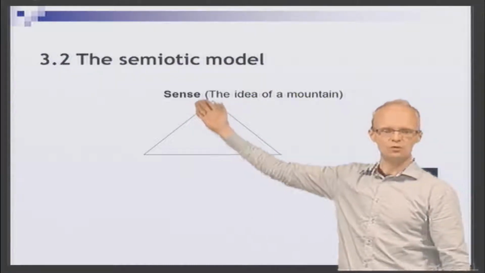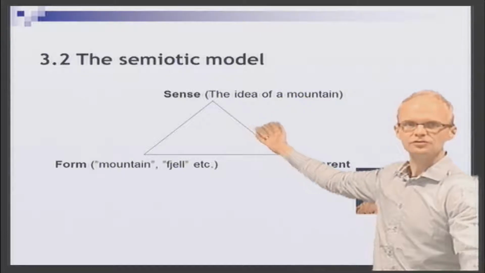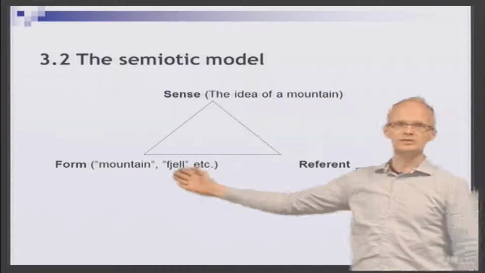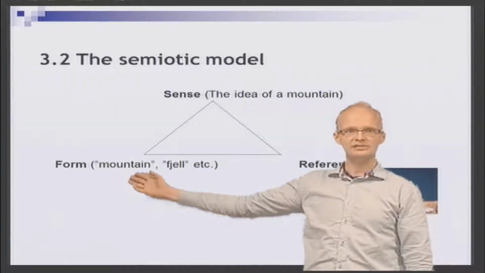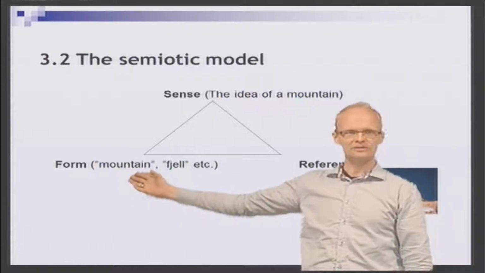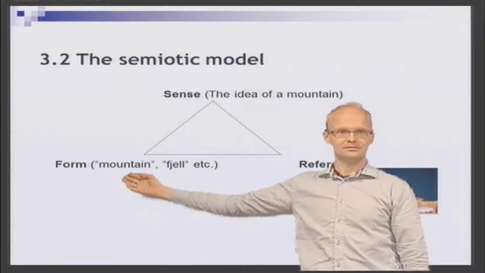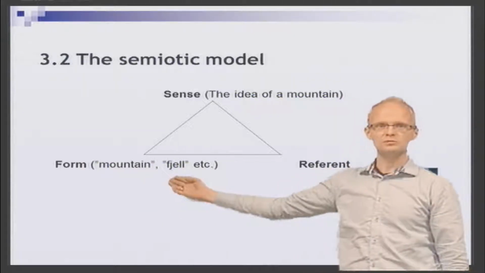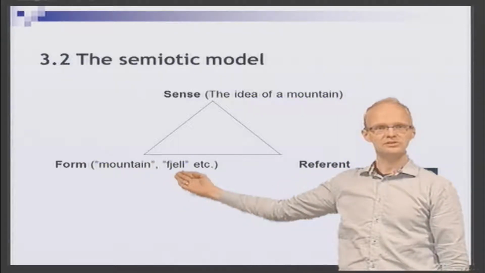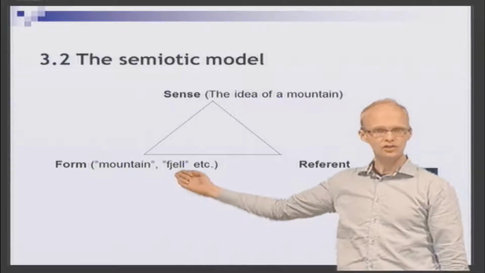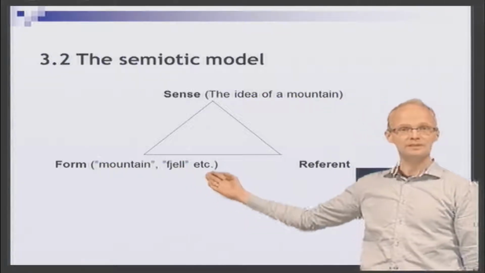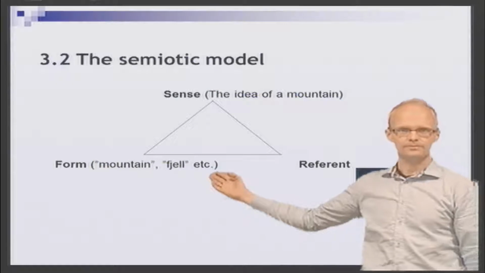And then this sense form can have different realizations. In English, it will have the realization mountain, written like this. In Norwegian, it will be written like this and pronounced fjell. In German, it would be pronounced Gebirge, and so on.